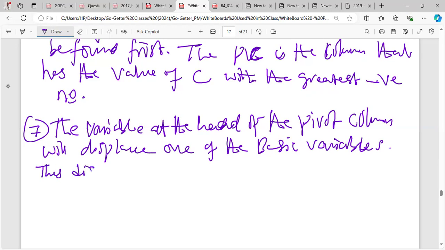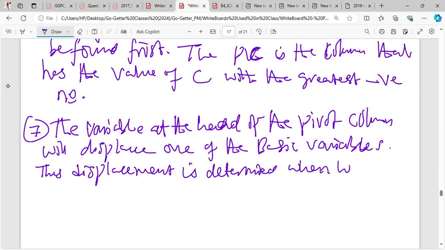This displacement is determined when we find the pivot row.